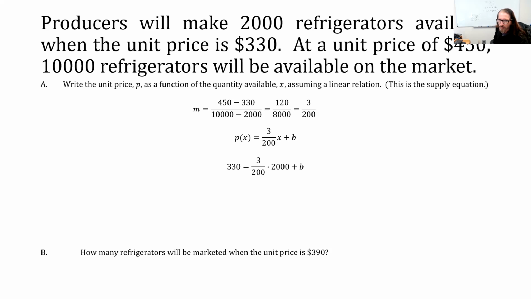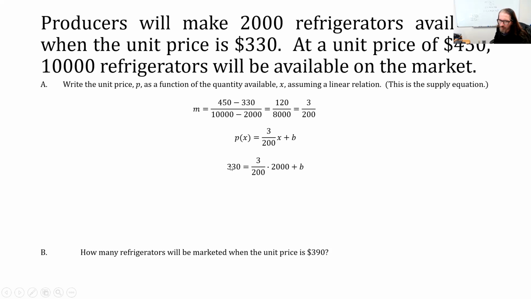I took the first one where X, the quantity available was 2,000, and I'd sell that for a unit price of $330. I plugged that in along with the slope, and I'm going to solve for B.